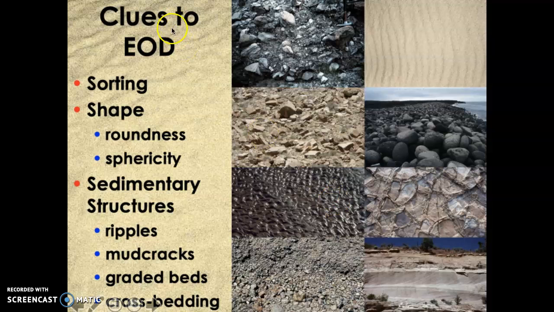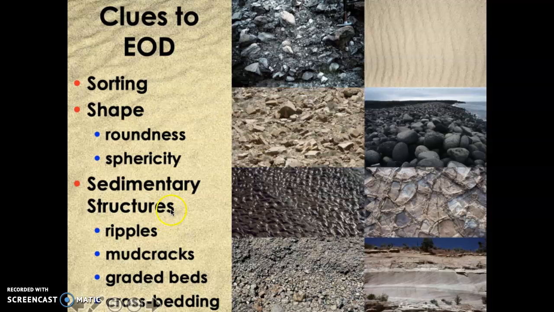So you can see some of the clues to look for are how well sorted are the sediments. These top two slides are meant to show you very poorly sorted on the left and very well sorted on the right. You can look at how round the sediments are. So are they jagged like you see on the left, and are they rounded off like you see on the right, in the second row of pictures?